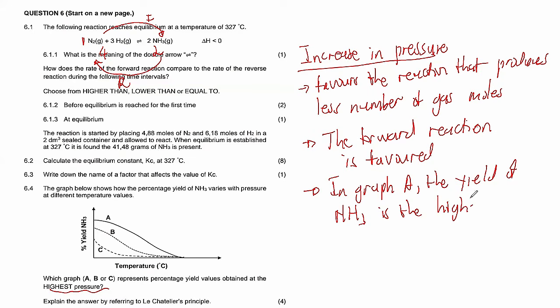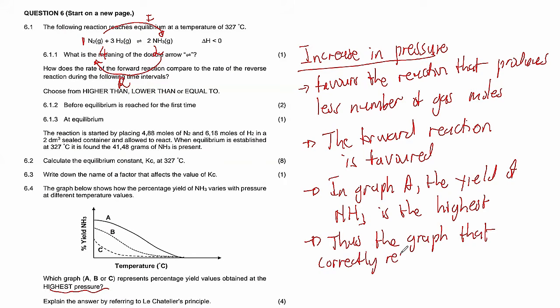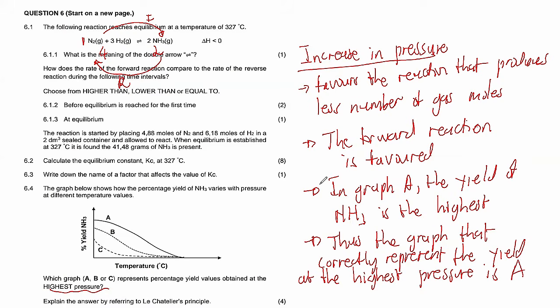And thus the graph that correctly represents the yield at the highest pressure is A. Right? So that's how you do it. So obviously, you would have written here that the answer is A.